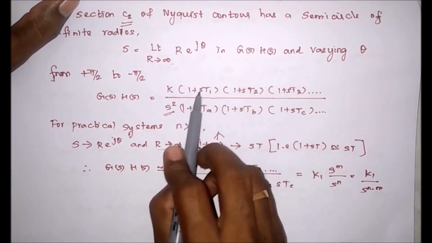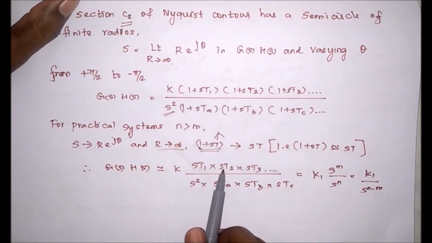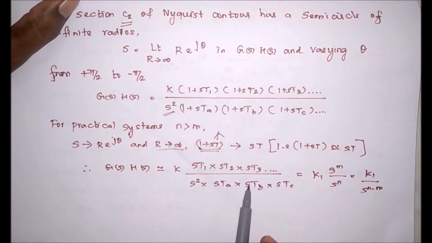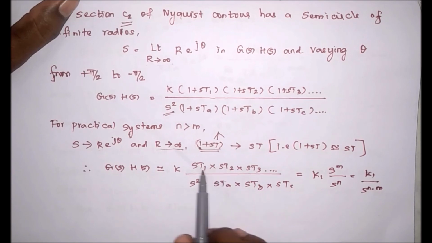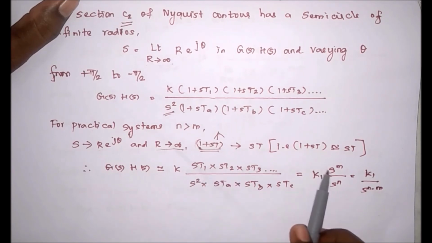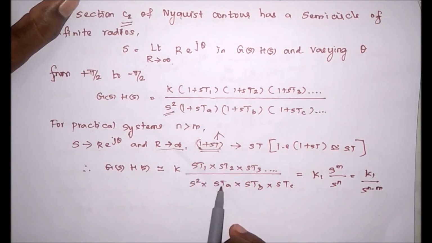So all will become sT1, sT2, sT3, s squared, divided by s·sTa·sTb·sTc. Therefore we get s^m and s^n, and the rest is constant.